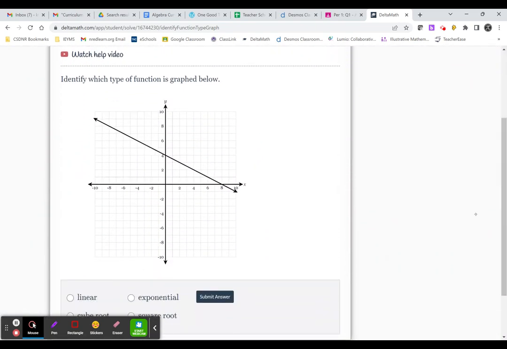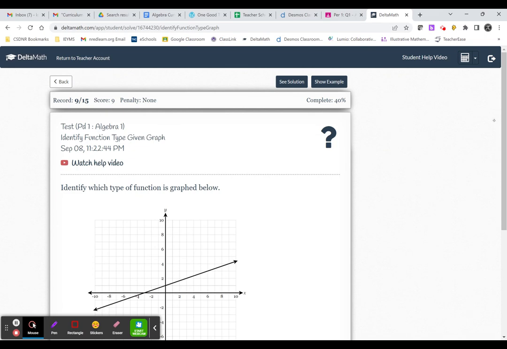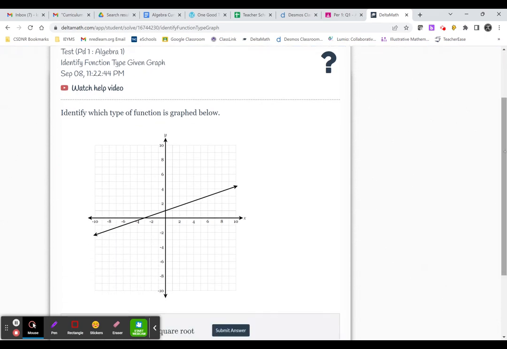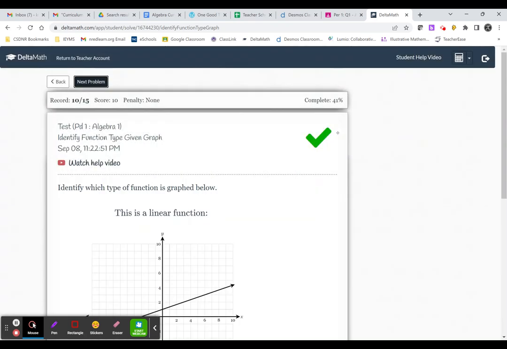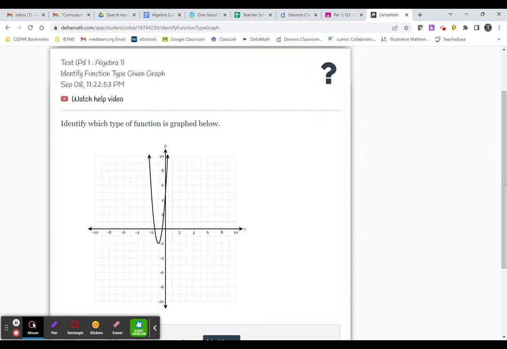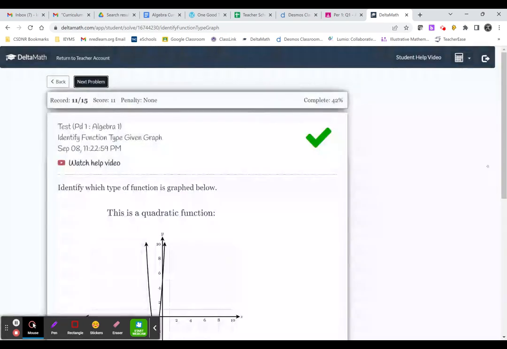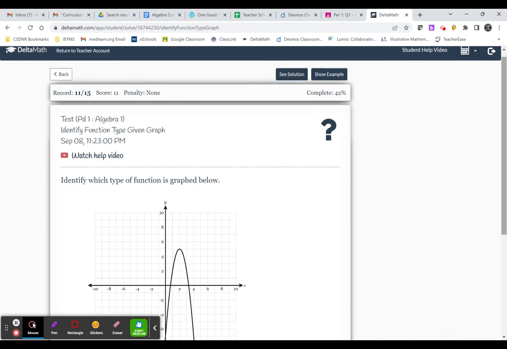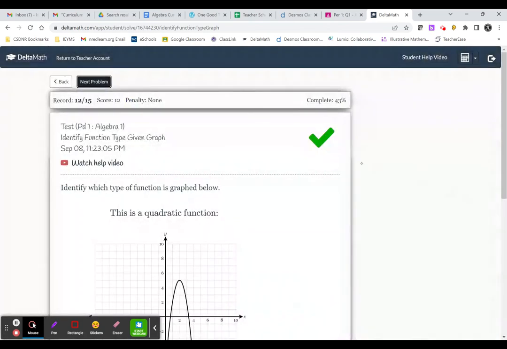This one is constantly straight, so it's linear. This one is constantly straight, so it's linear. This one is quadratic because it's a U shape. This one is also quadratic because it's a U shape.